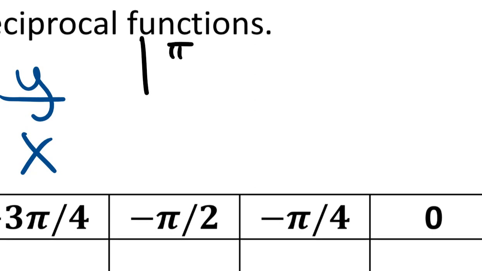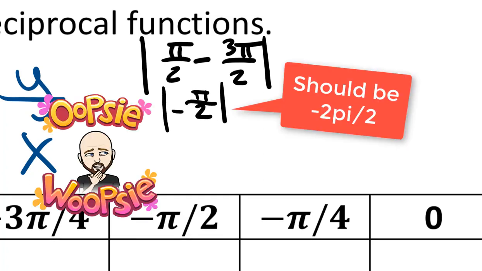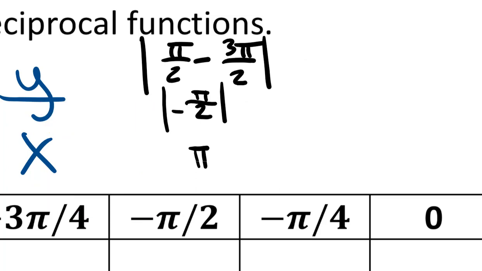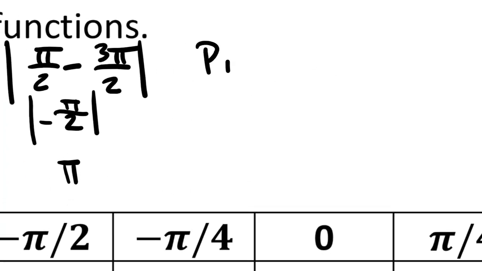So pi over 2 and 3 pi over 2, the distance between those two. Now remember, there's basic arithmetic here, so pi over 2 minus 3 pi over 2, we'd get negative pi, but when you find the absolute value of that, you get pi. So the distance between the asymptotes is pi, they're pi apart, which is going to play into the period. So the period, how long the function takes to repeat, is going to be pi, unlike sine and cosine, where the period is 2 pi.